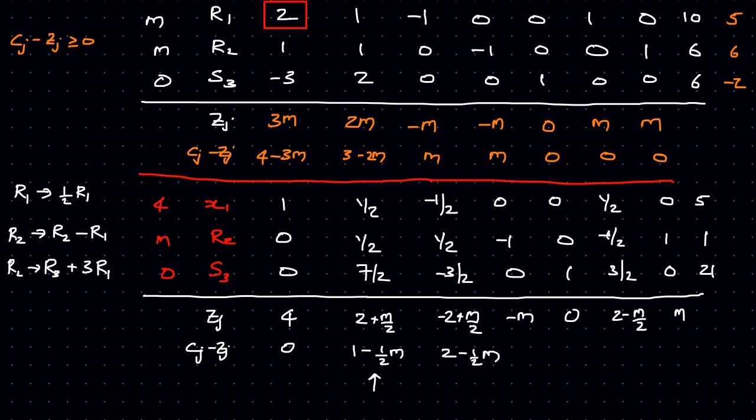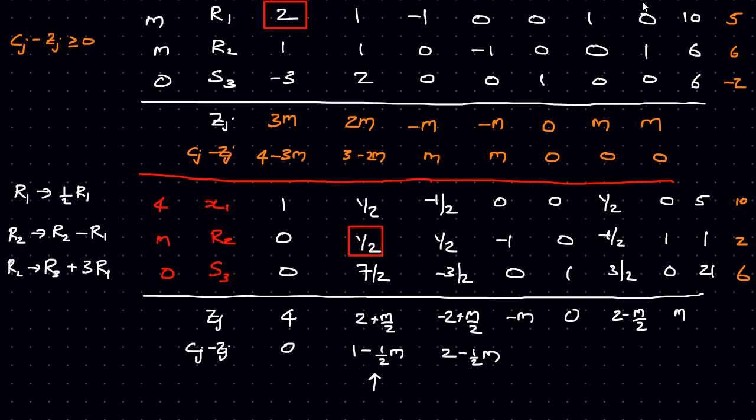And once we divide the solution we get 5 by 1 by 2, so that will become 10, then we get 2 over here, and for 21 by 7 by 2, that gives 6. Okay, so the minimum ratio here is 2, and that gives us the pivot element as 1 by 2.